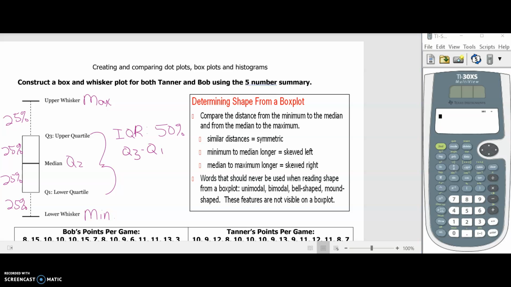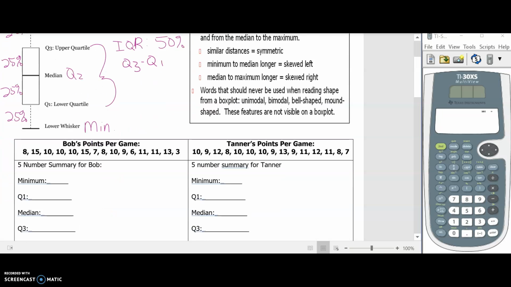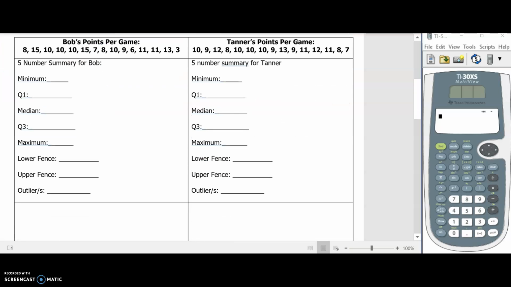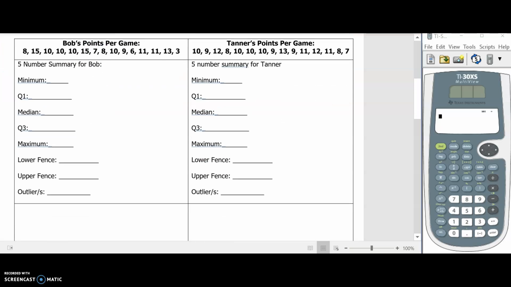These 5 parts are also known as the 5-number summary, which is needed to construct the box plots. So let's look at Bob's points per game. We have a list of 15 points of data, and we're going to need to find the minimum, quartile 1, median, quartile 3, and maximum in order to construct the box plot.